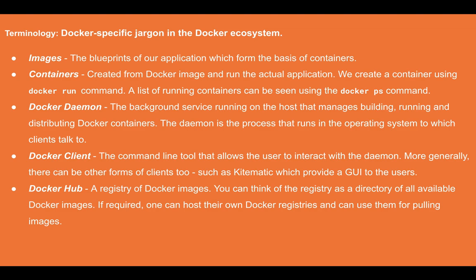Let's see what are the terminologies we have in our Docker ecosystem. We have images, the blueprint of our application, which forms the basis of containers. So we can create Docker containers using Docker images.